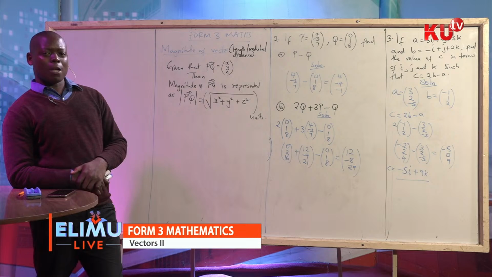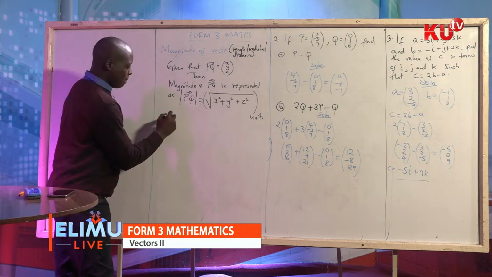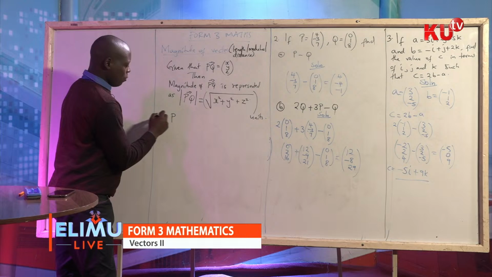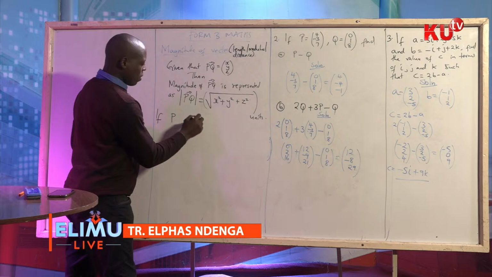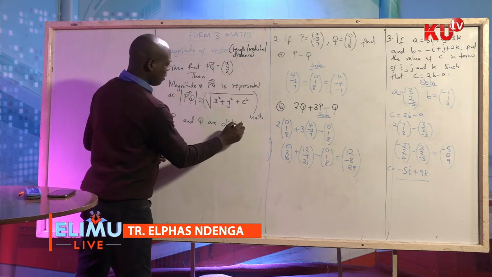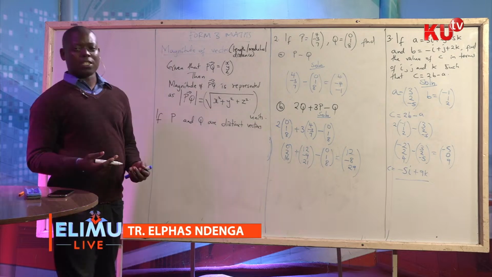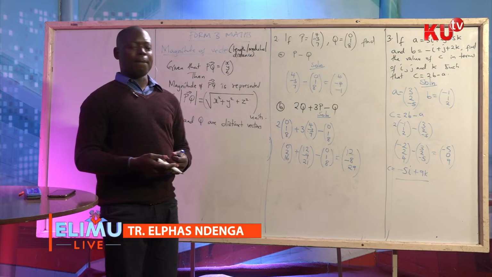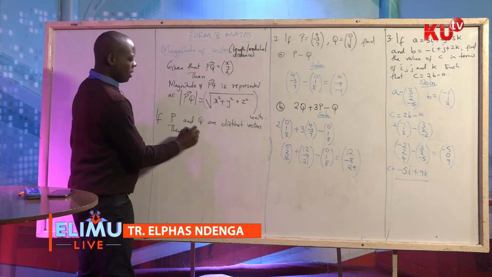So if we have 2 points, P and Q, and P and Q are distinct vectors, meaning they're different vectors, they could be representing something different. Then PQ is the column vector.